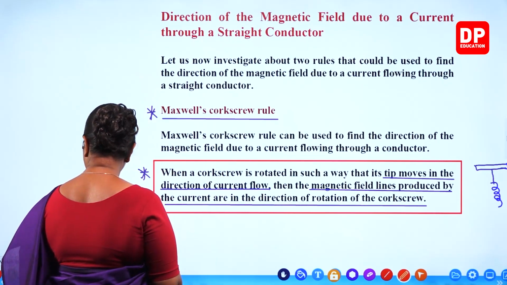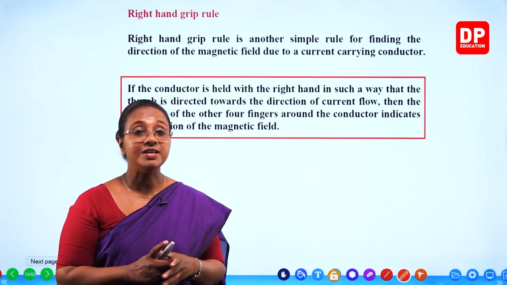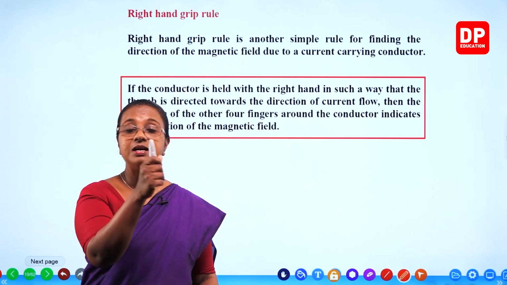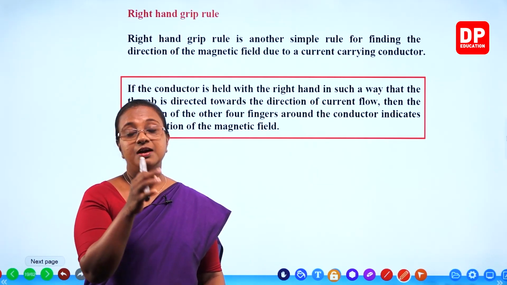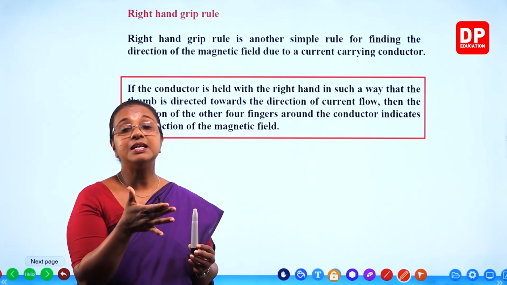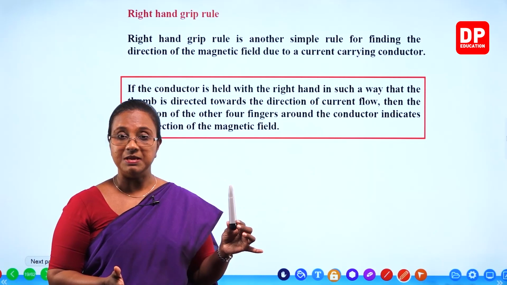We will look at that now. That method is known as the right hand grip rule. When we say right hand, you all know this is my right hand. Now here I have a conductor. What I do is I place my thumb in the direction of the current flow. Say this is the conductor AB.